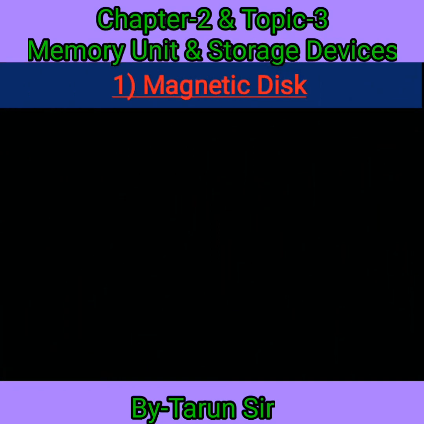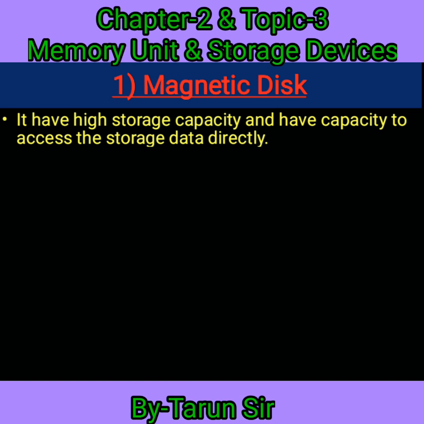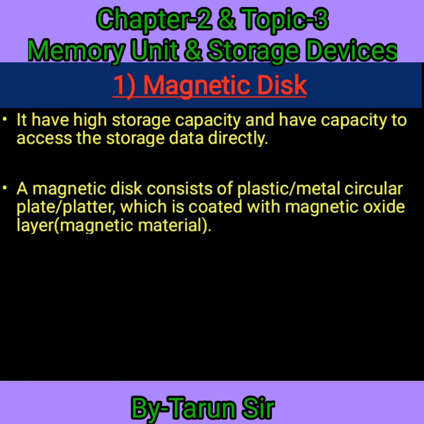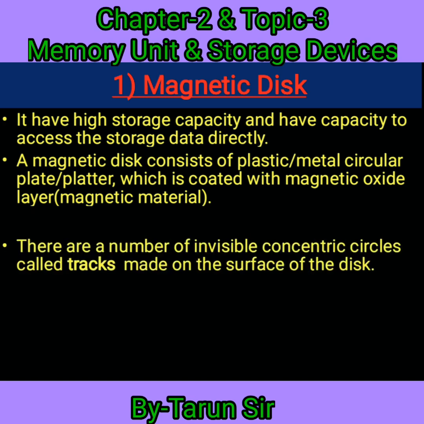Let us discuss first the magnetic disk. It has high storage capacity and can access the stored data directly. A magnetic disk consists of a plastic or metal circular plate, the platter, which is coated with a magnetic oxide layer or magnetic material.